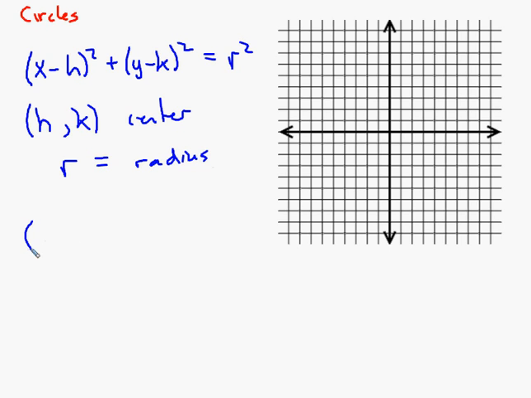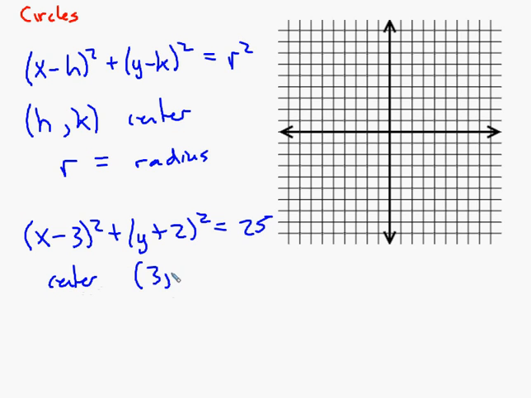So if I had the circle x minus 3 squared plus y plus 2 squared equals 25, then my center is 3, negative 2. Notice different in sign than it is here. That's because of these minuses. And the radius is 5. We could also draw that right there.